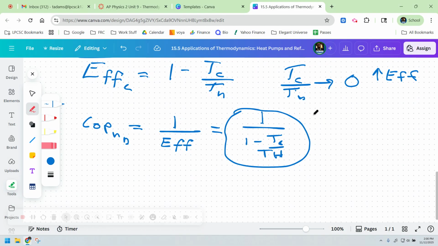If there is a very small difference, then this would approach 1, the number 1, right? And 1 minus 1 is 0, so you would have a low efficiency. Okay.